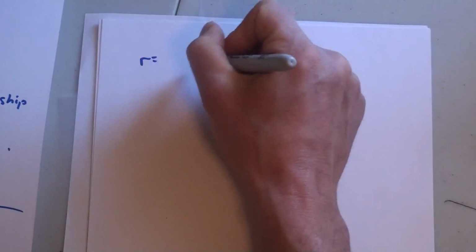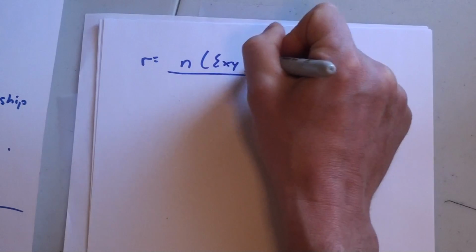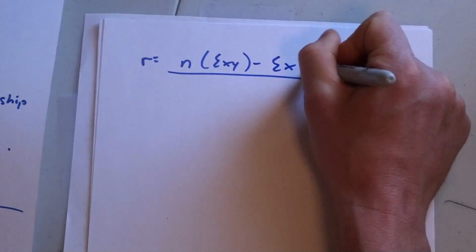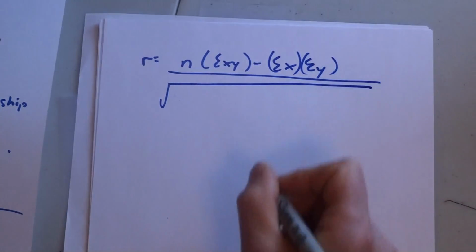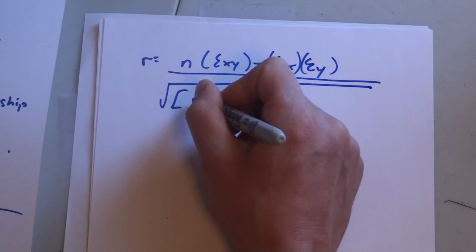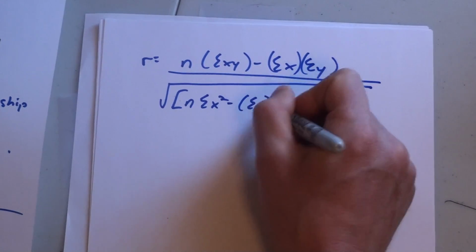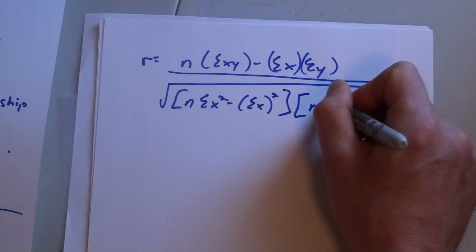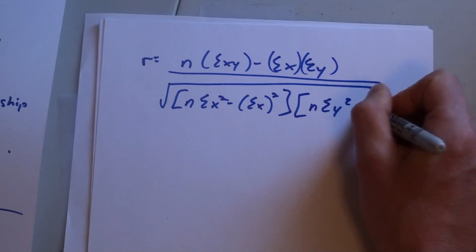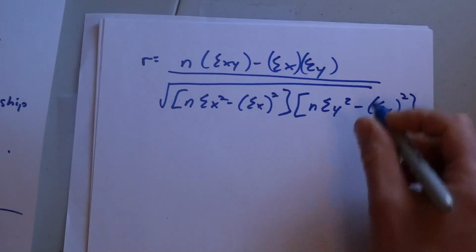R equals n summation xy minus summation of x summation of y all over a large square root. I'm going to have the first set of brackets: n summation of x squared minus summation of x, bracket squared. And I'm going to have n summation of y squared minus the summation of y, bracket squared.